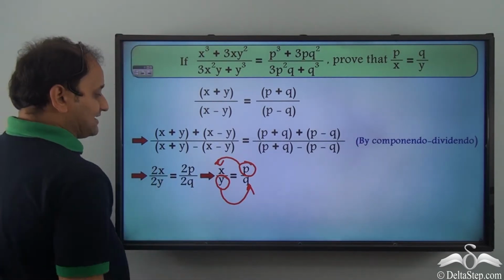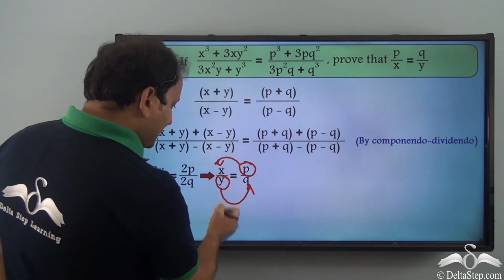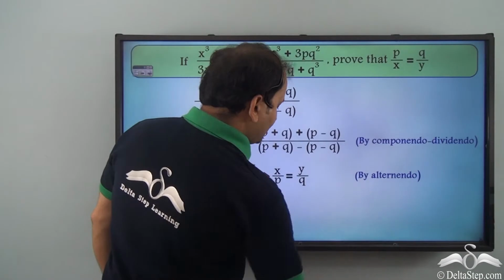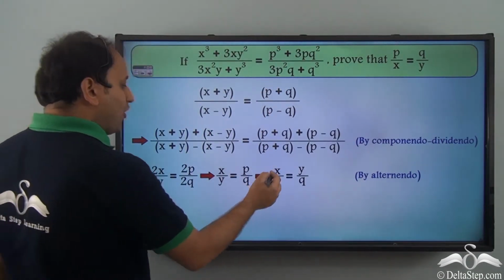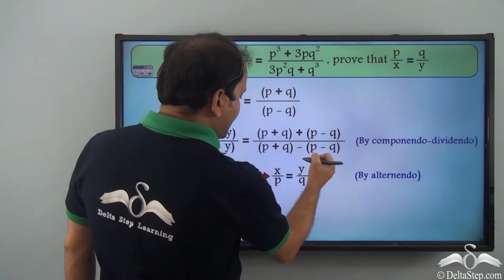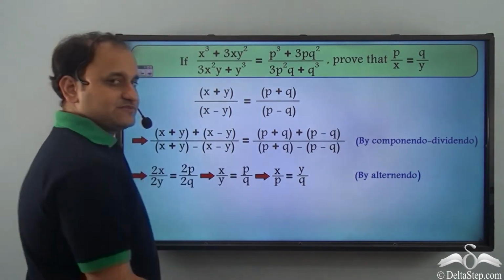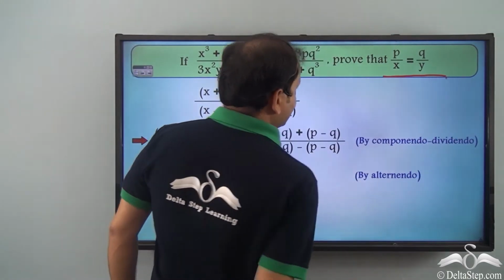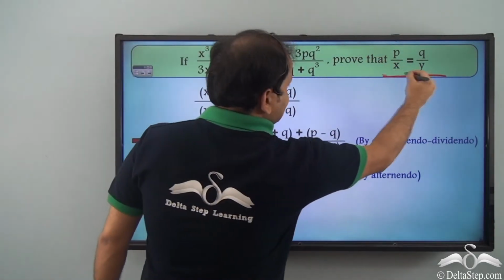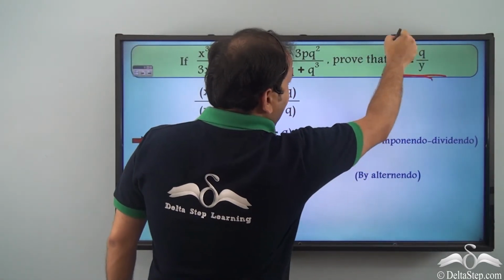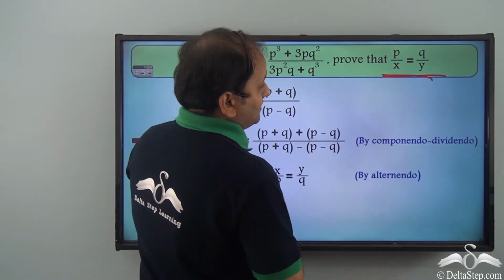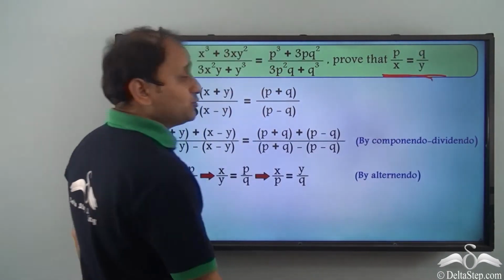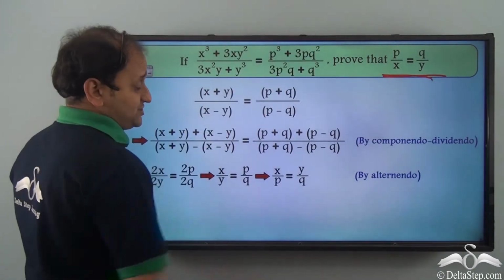So we can write it as x by p is equal to y by q by applying alternando. So now we have got x and p on the same side and y and q on the same side. But still we don't have the final answer, because in this case x is in the denominator and p is in the numerator. Similarly, y is the denominator and q is the numerator on RHS.